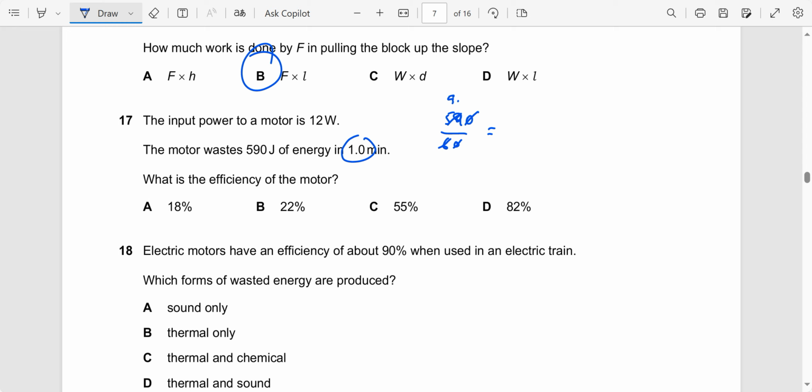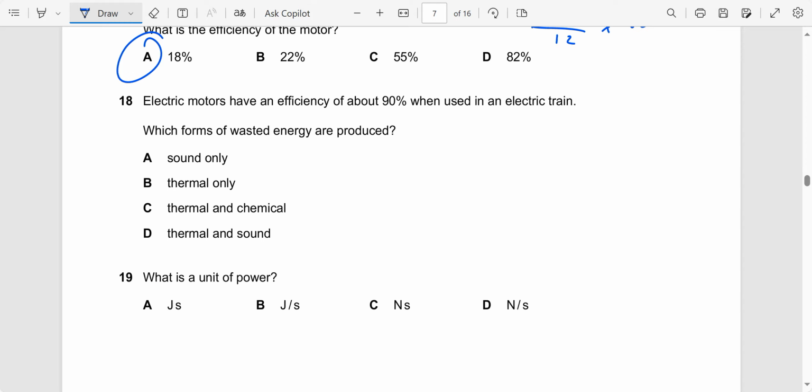So this is our output, 9.8 or 9.9, whatever it is. Then divide by 12 times 100. Since this was wastage, we need to subtract it from here as well. So it is 12 minus 9.8 over 12 times 100%, so that will give you 18%.